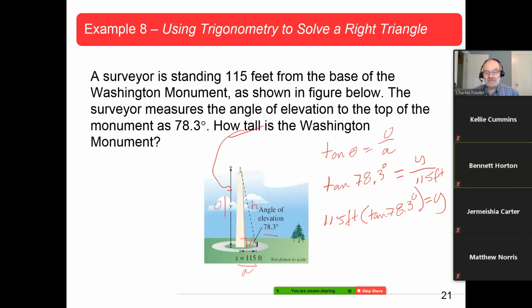I need to do tangents, a trig function, so I'm going to have to turn the phone sideways to get to scientific mode and type in exactly what we got. Now, on my phone, I have to use sort of an awkward notation. For instance, for that tangent of 78.3, I have to make sure I'm in degree mode, and on my phone, if I don't see anything up here, that means I'm in degree mode.